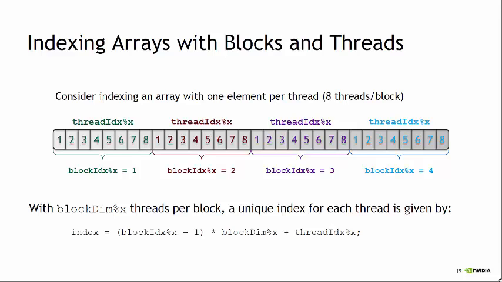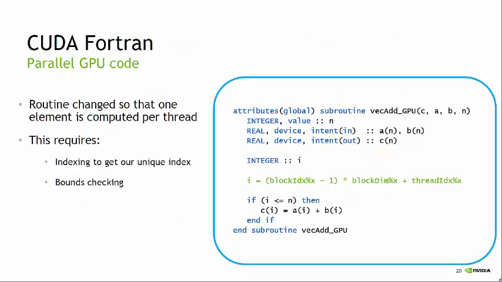So this turns into 1, 2, 3, 4, 5, 6, 7, 8. 2 minus 1 is 1, times 8 is 8. 8 plus 1 is 9, 10, 11, 12, 13, 14, 15, 16. And it carries on. So we get a unique ID for each thread from this calculation, because each thread has a unique combination of blockIdx and threadIdx. Using that, we can work out where we are, and in one line, quickly calculate our thread index to operate on.